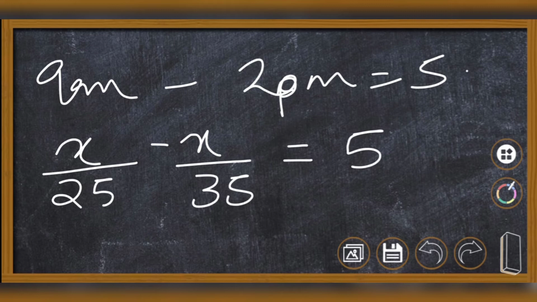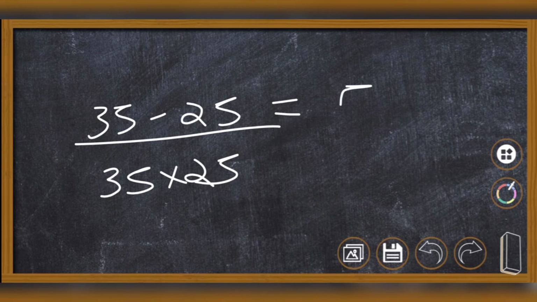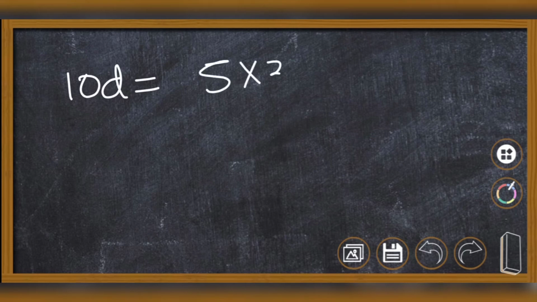So what will be the LCM? The LCM will be 35 into 25, over 35 minus 25, into d is equal to 5. So 35 minus 25 into d, that is 10d, is equal to 5 into 35 into 25.